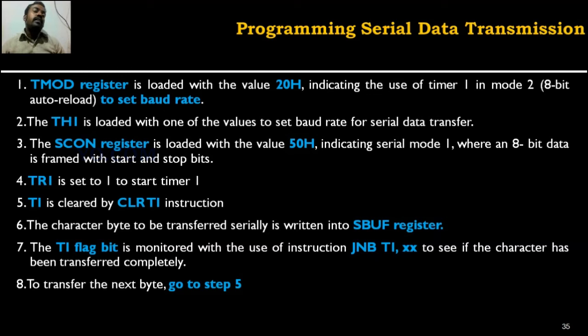So whatever data we want to transfer is first written into the SBUF register. The TI flag bit is monitored with the instruction JNB TI, to see whether the character has been transferred completely. To transfer the next byte, go to step 5. So this is the program flow of serial data transmission.